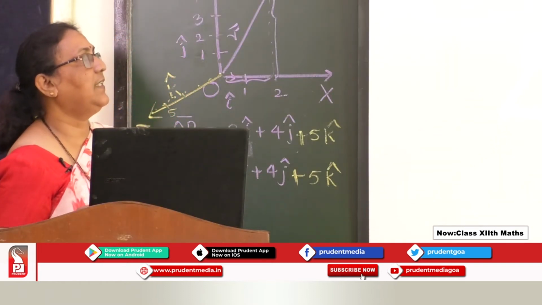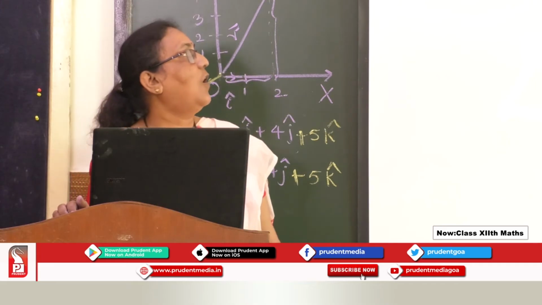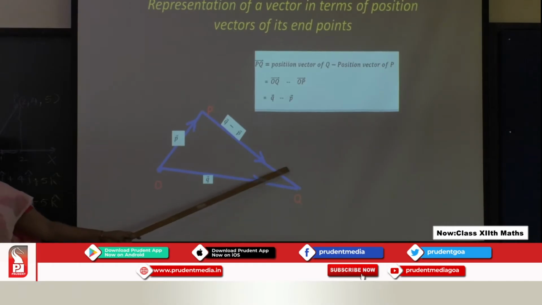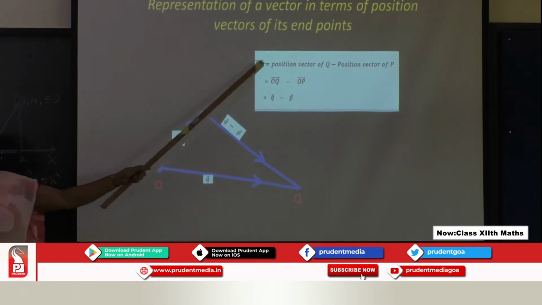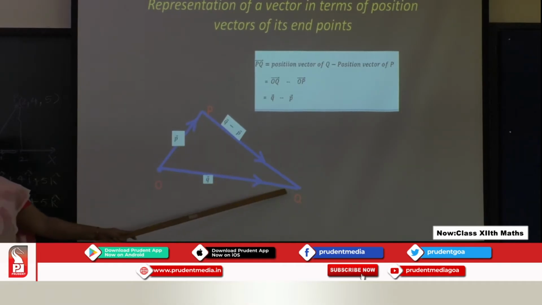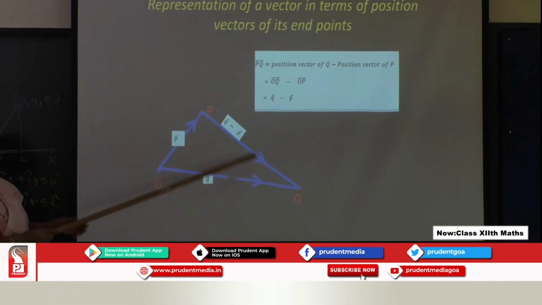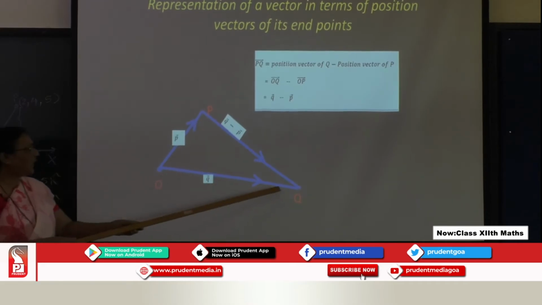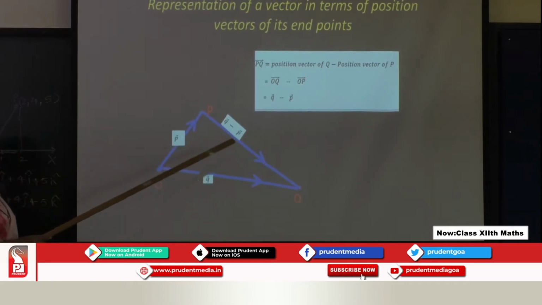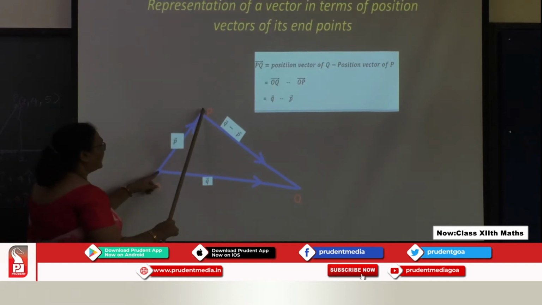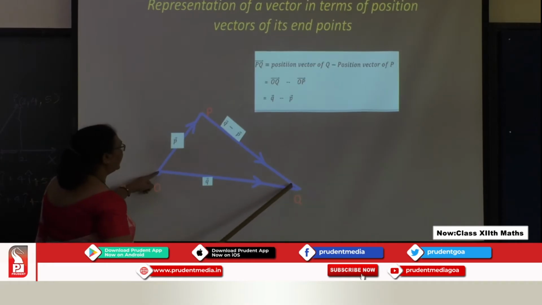Representation of vectors in terms of position vectors of its end points. Now, P is one point and Q is another point. Now, how is vector PQ represented? Vector PQ, from P to Q, is the same as O to P and O to Q. By triangle law, O to P is from here to here and O to Q is from here to here.